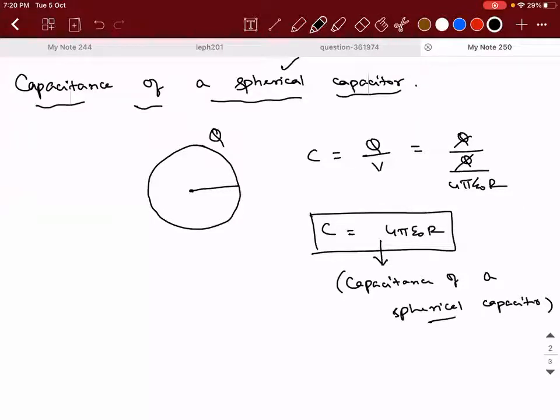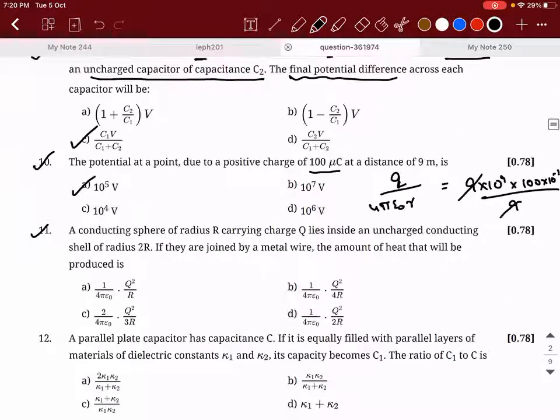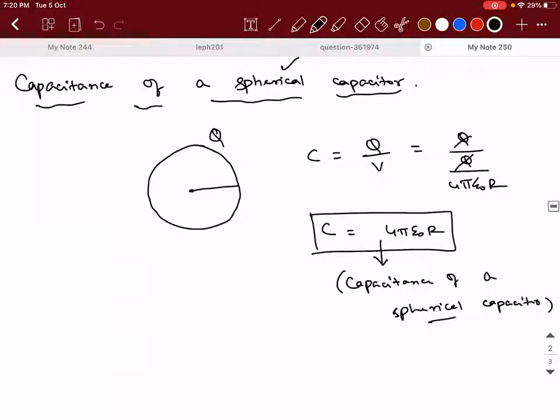Capacitance of a spherical capacitor. Now, whenever you see these kinds of questions, don't get scared. They are very rare, but my intention is I want you to learn it. Wherever you see the word amount of heat, heat is always related to energy.